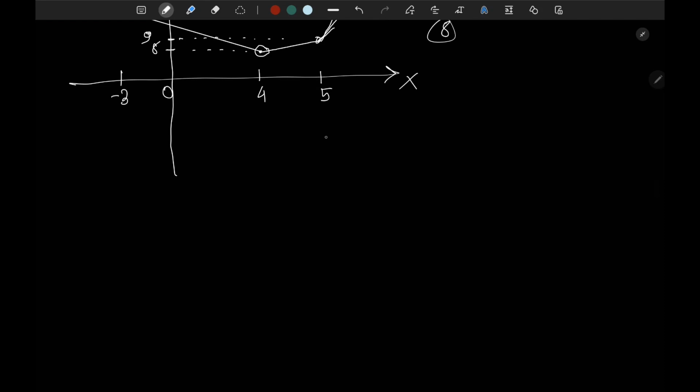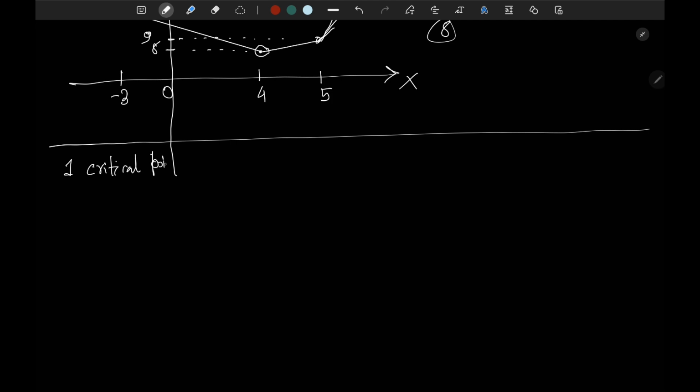So for example, let's start with one critical point. What do you mean by one critical point? Mod x, or mod x plus 1, or mod x minus 2. These are with one critical point. In this case it is 0, it is minus 1, this is 2. How do these functions look?